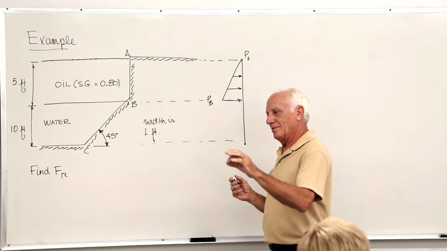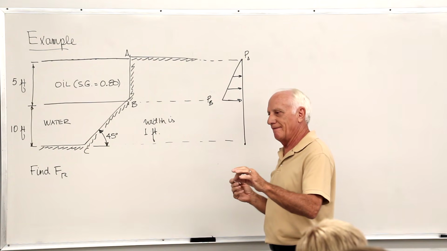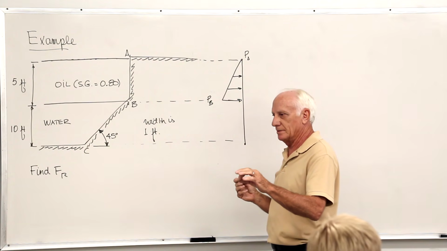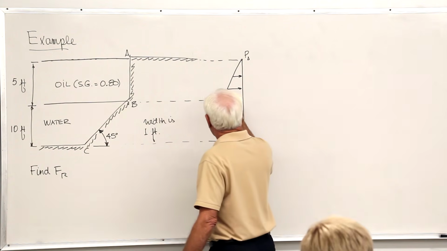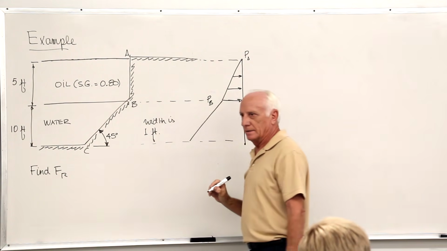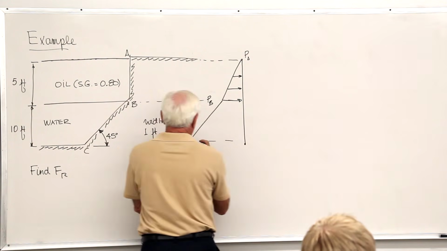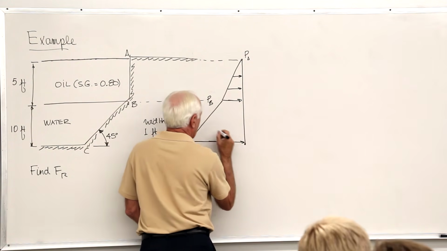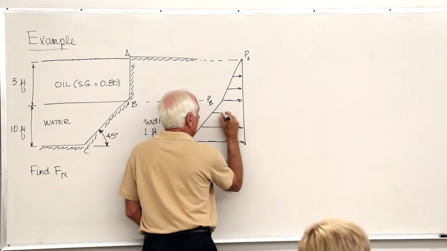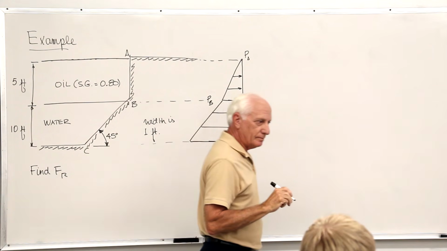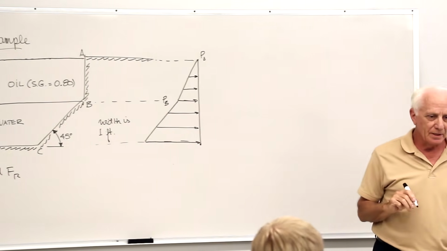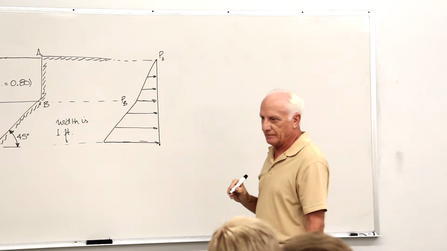So if you go down in water, the pressure gets bigger, faster than it does in oil. That's how the pressure looks through the water layer. They're both linear, but they have different slopes because their gammas are different.